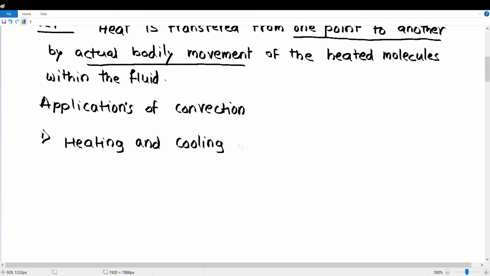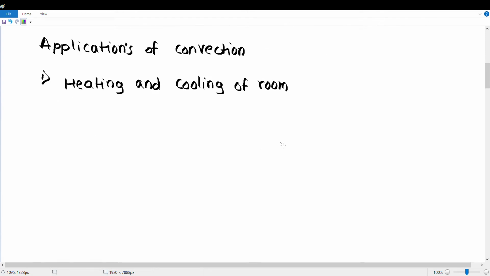It is our experience that in winter the temperature falls, and in summer the temperature rises.